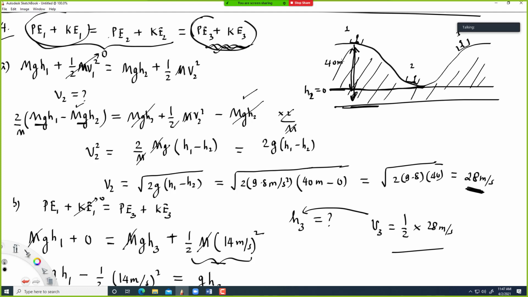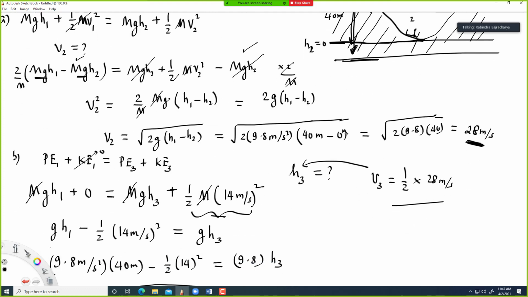How do you find that? But do we have m? No, you cannot find energy in this case because we don't have m. But again, the energy is just transformed from one form to another form.